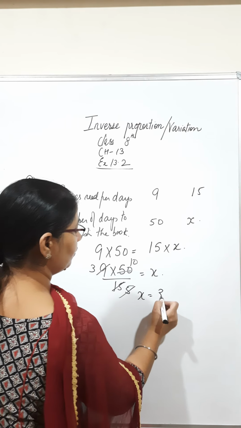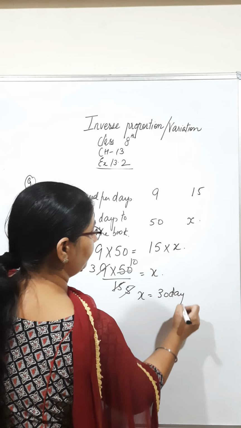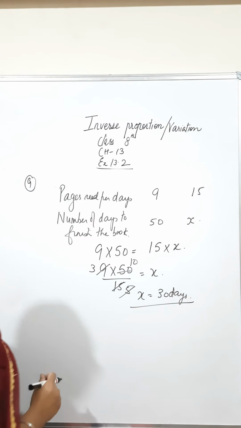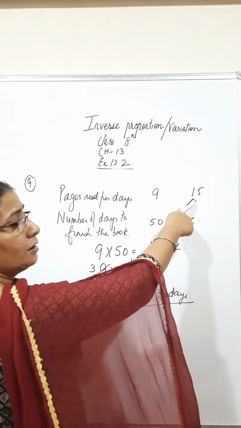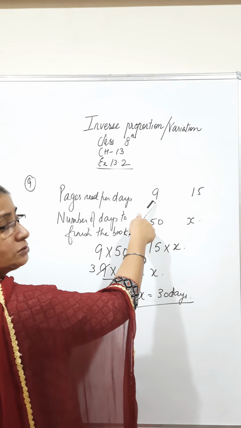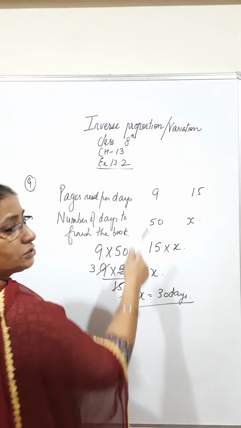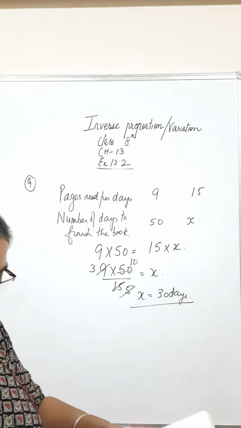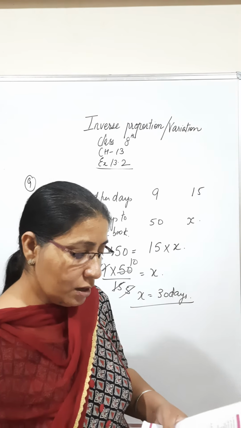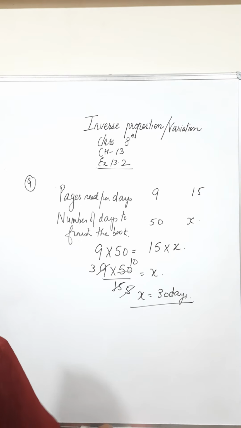So x will be equal to 30 days. So she will finish the book in 30 days if every day she reads 15 pages. But when she was reading only 9 pages, she was taking 50 days to complete the same work. Next, question number 10.